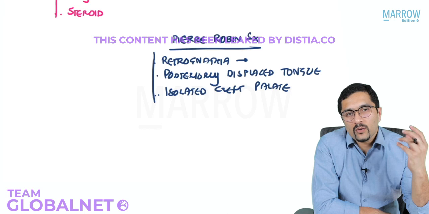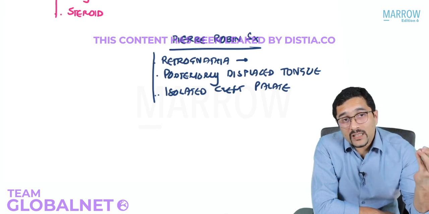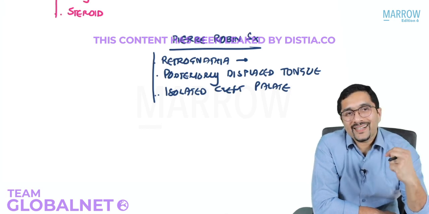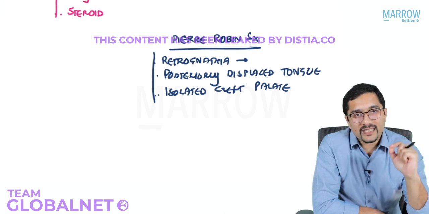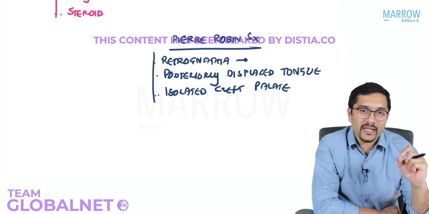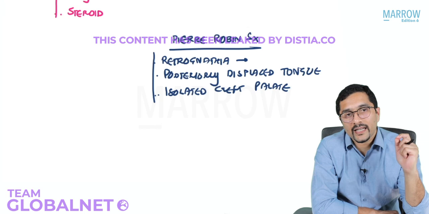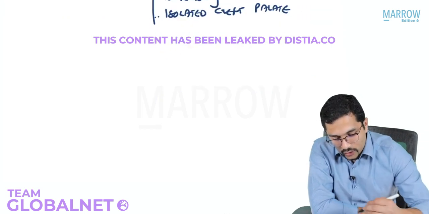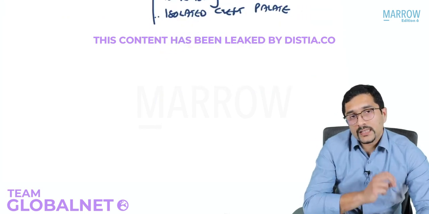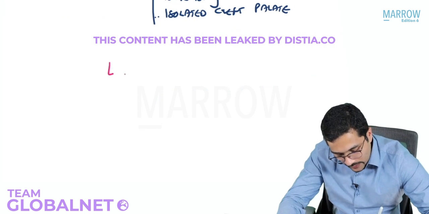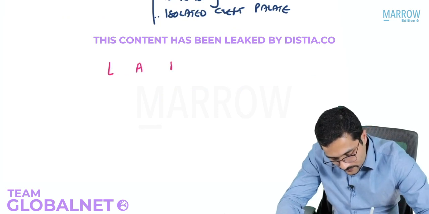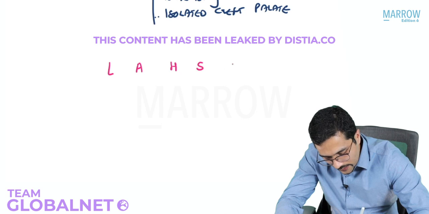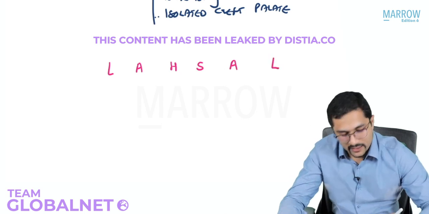Now, the next thing when you see this patient is to document the abnormality, and this documentation system has been mentioned in Bailey, and there was a question in the All India exam 4 years back regarding it. This documentation system is known as the Lahasal system, to document cleft lips and cleft palates.